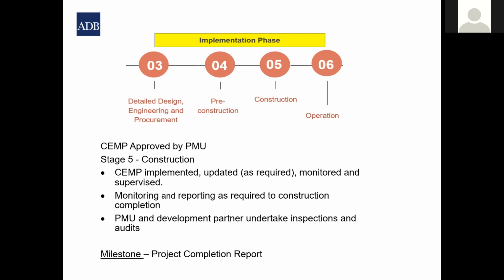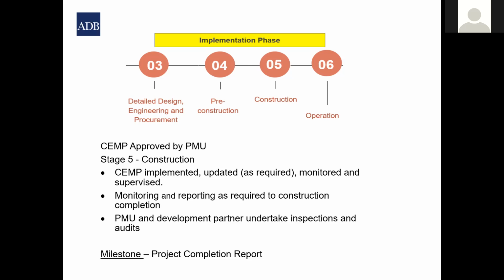You then have what your requirement is for the contractor. You tell them, just as I mentioned previously, that in the bidding document, he is required to prepare a CEMP.